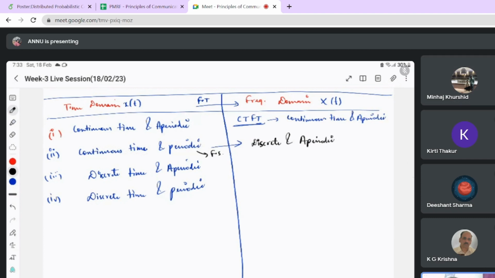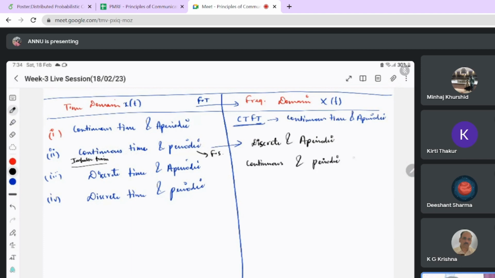I'll give you the example of an impulse train. An impulse train is a periodic function, and it can be written in terms of a Fourier series, and you have to find the Fourier transform in the frequency domain and just prove it. The third is discrete time and aperiodic. The answer is continuous and periodic.